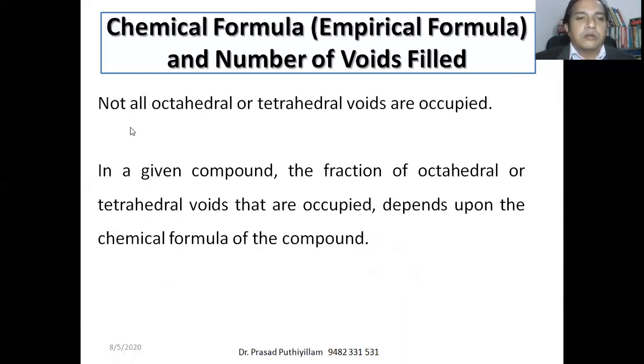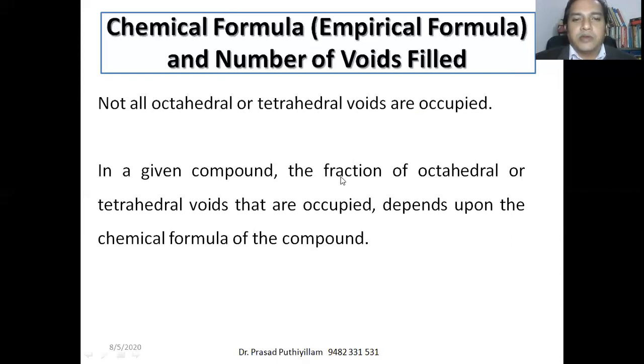Not all the octahedral or tetrahedral voids in the crystal lattice are completely filled in all cases. While giving the example, we filled all of them and represented it that way, but in actual cases there is no such complete filling of the voids, and there will be some defects also, which we'll discuss in the coming classes.